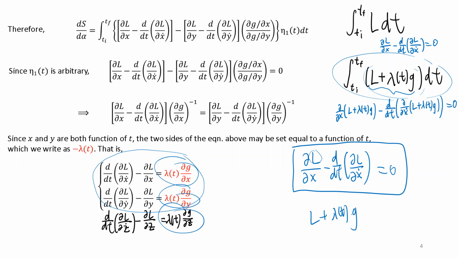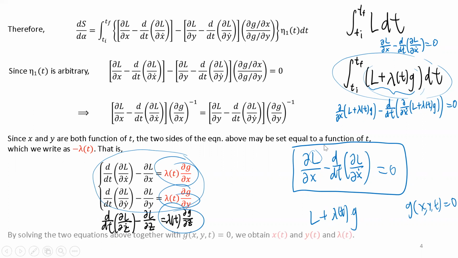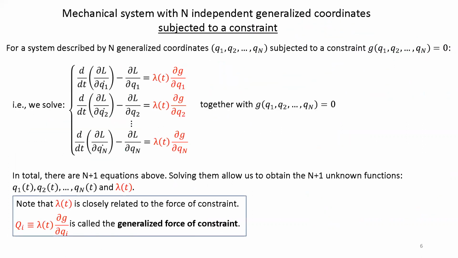And of course, you always have to consider the constraint. Whenever you solve this equation, you always have to put your constraint beside you and see when you need to use it. Now let me lay out the general case.